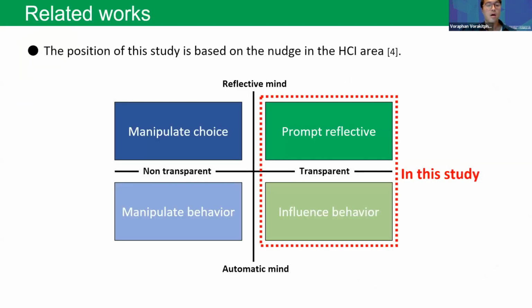In HCI, nudges are categorized into 4 categories based on 2 variables. The first is the reflective mind versus the automatic mind, which is the mode of thinking, how people think about the nudge design. The other variable is non-transparent versus transparent, which shows whether the user can perceive the intention behind the nudge design.